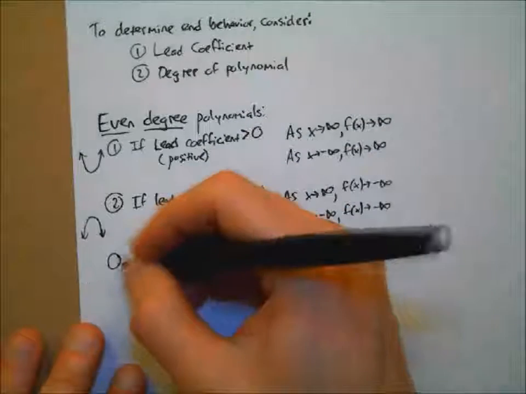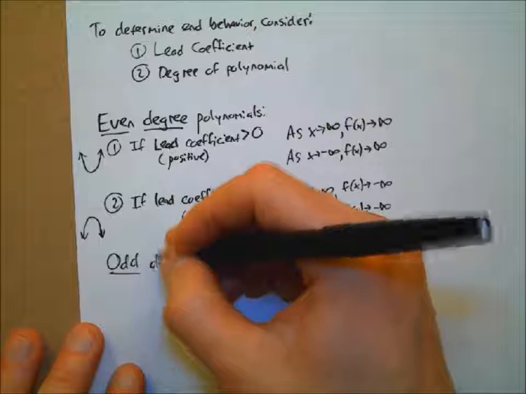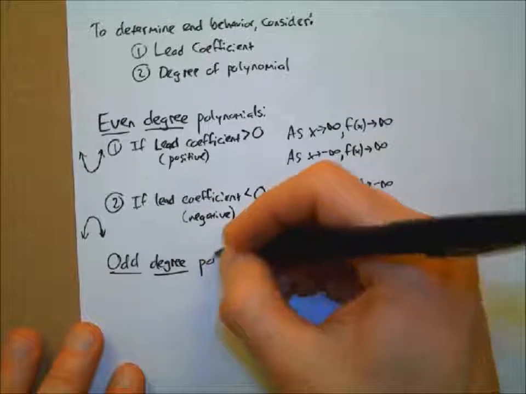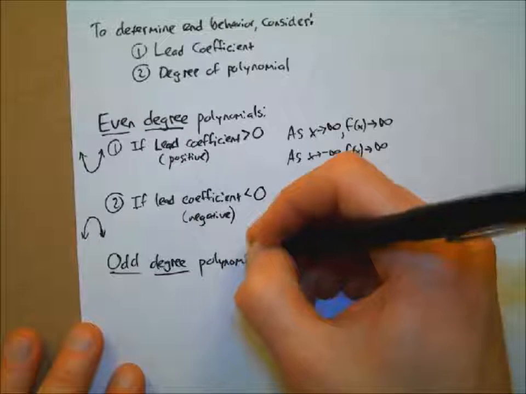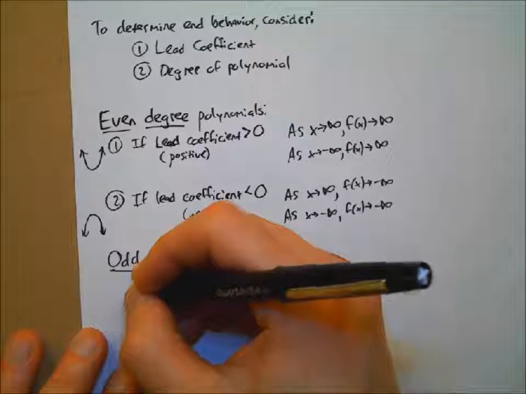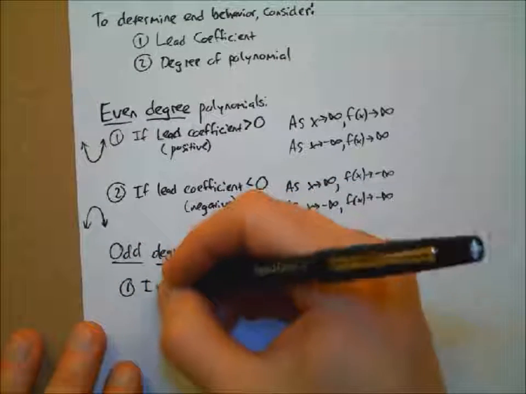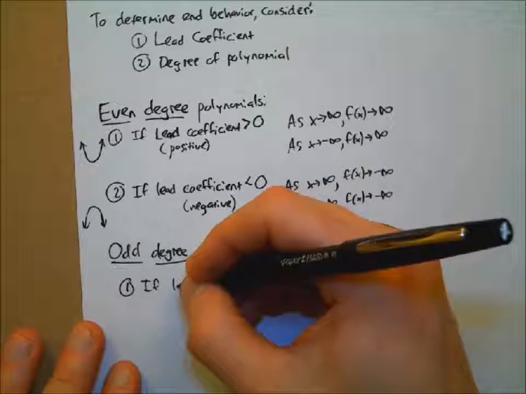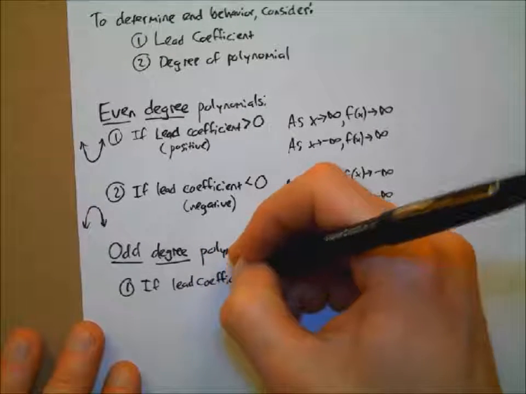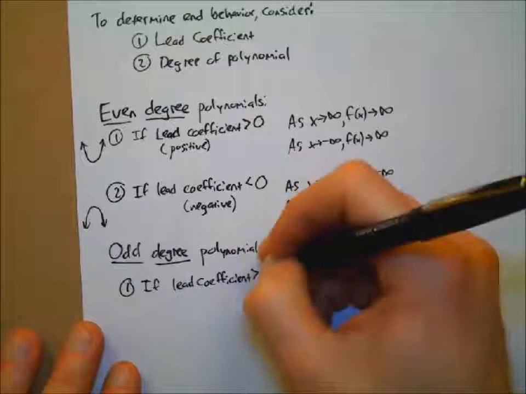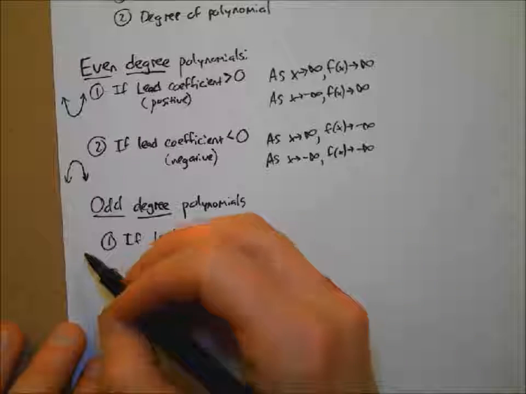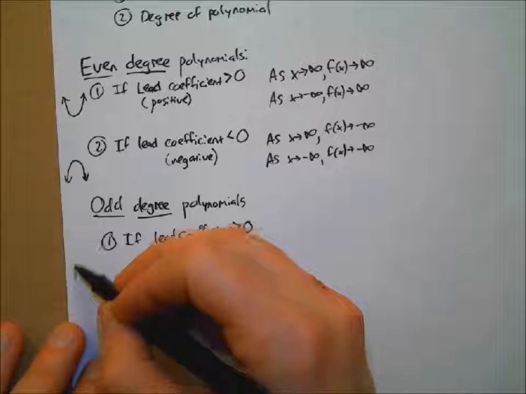Let's talk about odd degree. In this case, we'll start again with lead coefficient being greater than 0. So if the lead coefficient is greater than 0, you think about a cubic. Cubics look something like this.